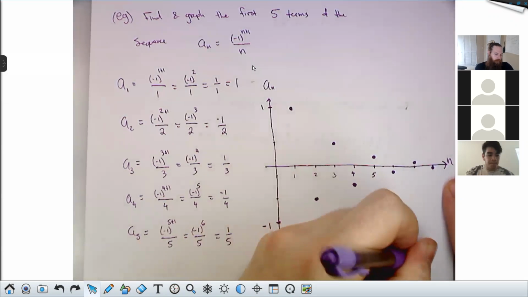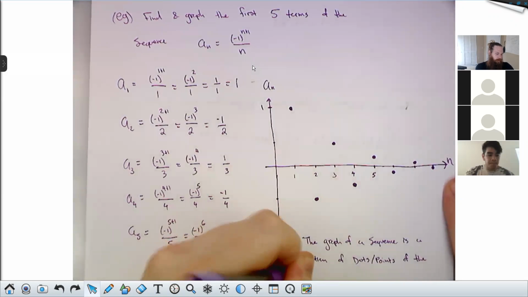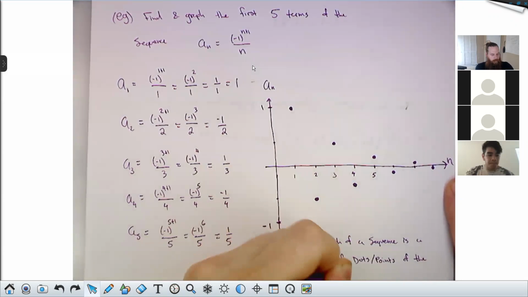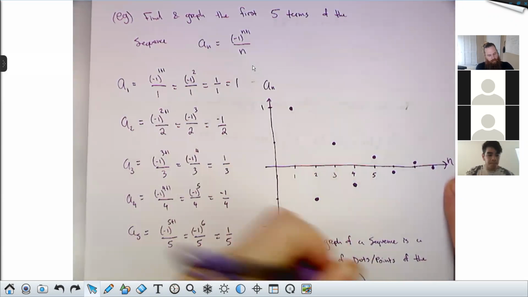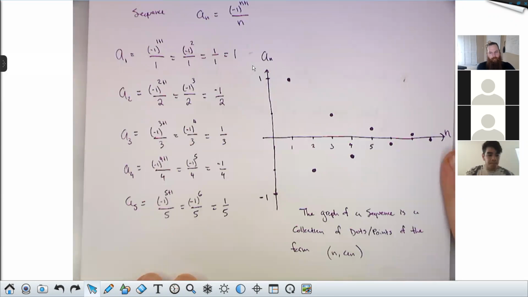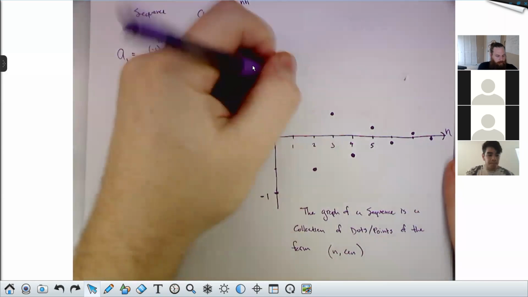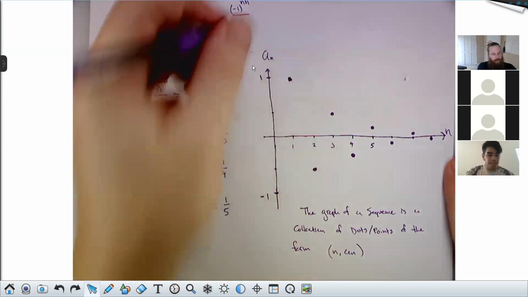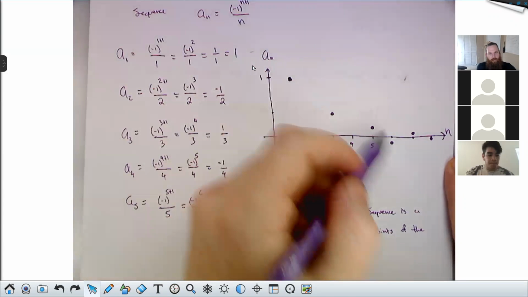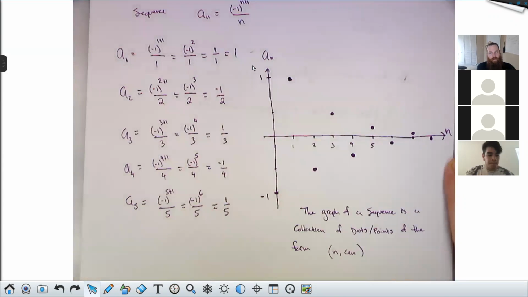And they're of the form n, a_n. Right? Input, output, just like for any other function. The difference between these and the functions you've graphed in the past is that there's no curve connecting them. It's just the dots.